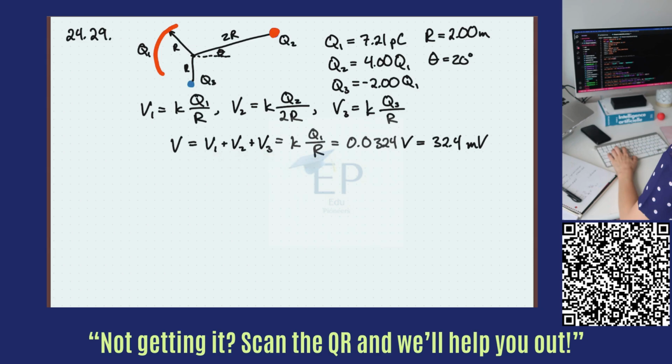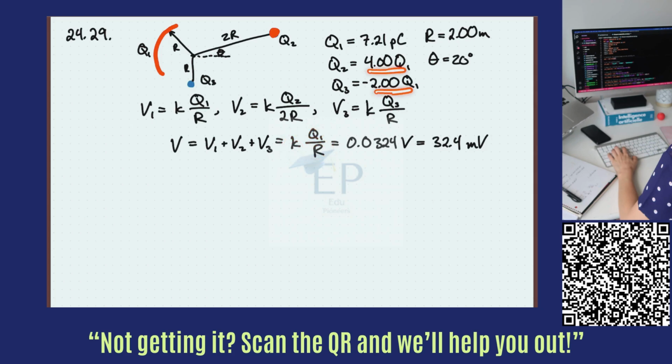Oh, no. We have again this half here, so this would be q1, and if we plugged in 4q1 here, we get 2. So we get 1 plus 2 minus 2, and that gives us this. It ends up being kq1 over r.